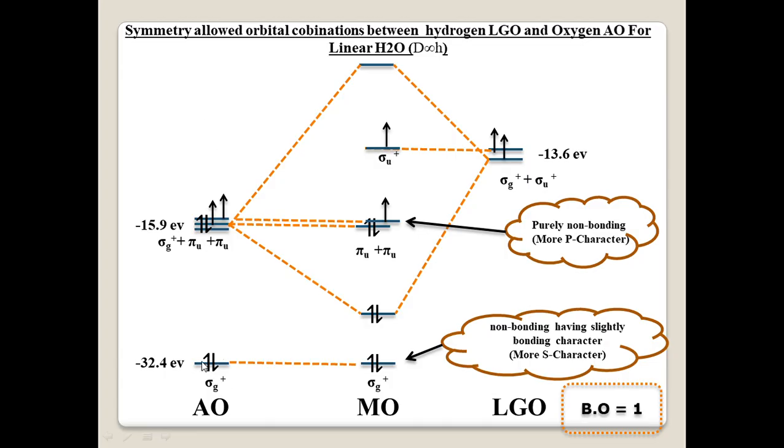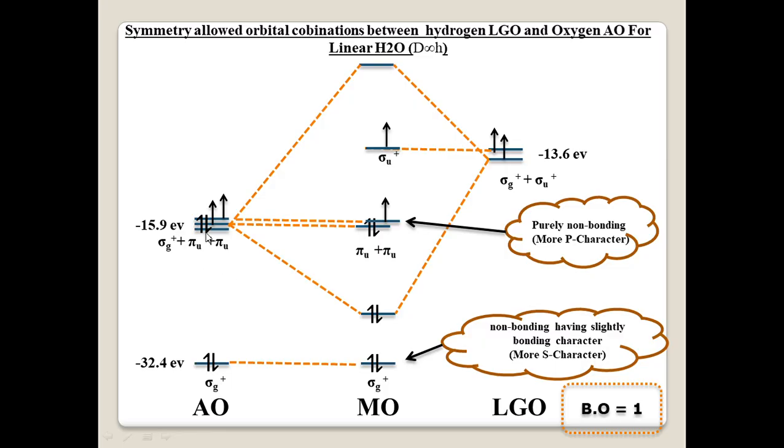The same thing here, it is sigma g plus and sigma u plus, because one bonding will form and one anti-bonding will form, so g and u. So here sigma g plus is present, here sigma g plus is present, but for the same reason it will remain non-bonding because of the high energy gap, 32.4 and 13.6. The energy gap is high, so it has partial bonding character and partial non-bonding character, right?